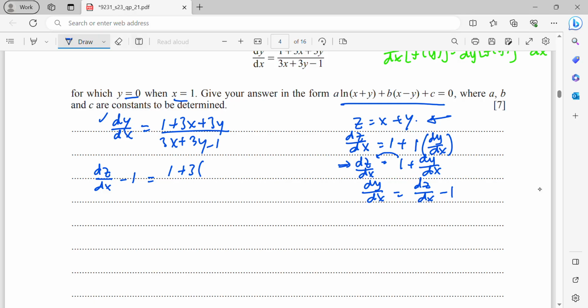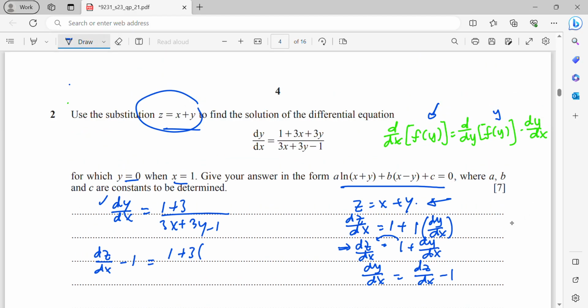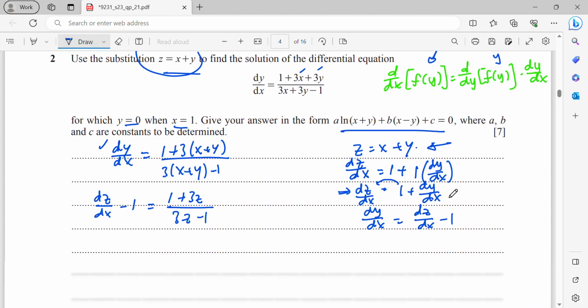Probably from the first step, instead of copying, I will simplify: instead of 3x plus 3y, I will write 3 bracket x plus y. For the denominator, I will factorize the 3, so it will be 3 brackets x plus y minus 1. I will directly change the brackets to z, then it will be 3z minus 1 in the denominator.